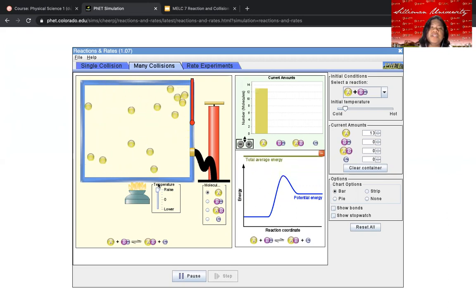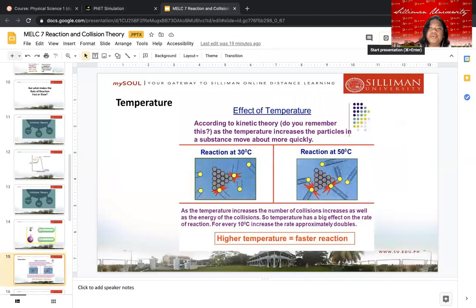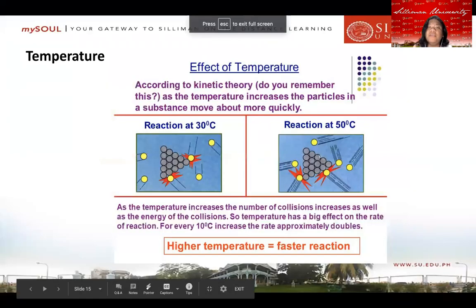As you may observe, the collisions become faster and faster. And since the collisions become faster and faster, we say that the rate of reaction also will become faster. So that's how temperature affects the rate of reaction.